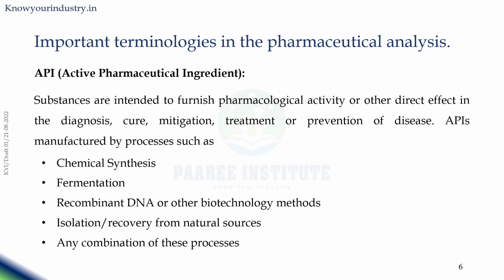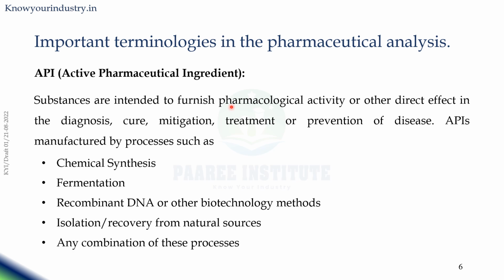To understand pharmaceutical analysis and instrumentation in a better way, we need to understand some of the important terminologies used in pharmaceuticals. First one is active pharmaceutical ingredient, which is defined as the substances intended to furnish pharmacological activity or other direct effect in the diagnosis, cure, mitigation, treatment or prevention of a disease.